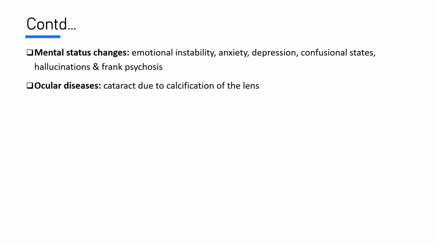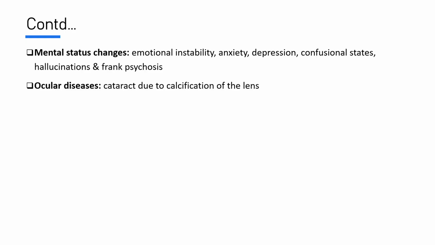And also, cataract can appear in people who are suffering from hypoparathyroidism due to calcification of the lens, and there is a paradoxical association of hypocalcemia and this calcification. Though the calcium level is very low, calcification is still happening there. But how does this happen?